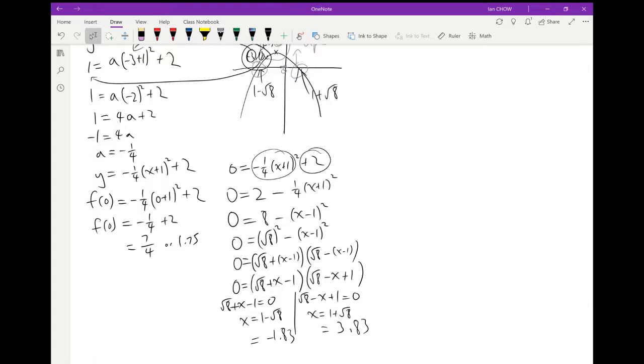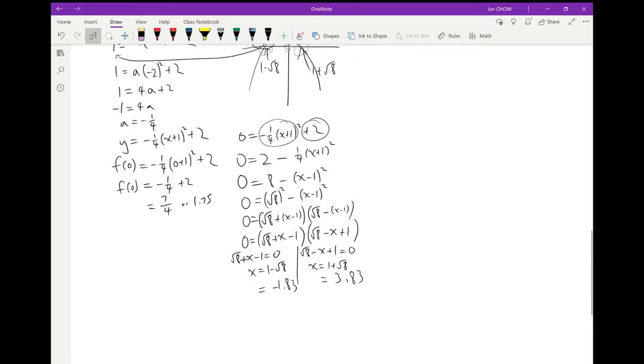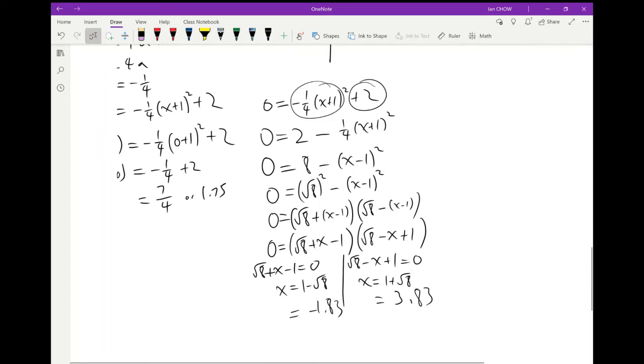And it looks somewhat similar, maybe. And so that's how we find the x-intercepts.